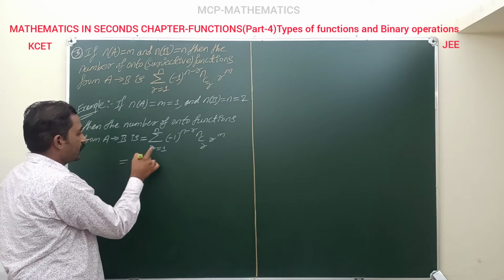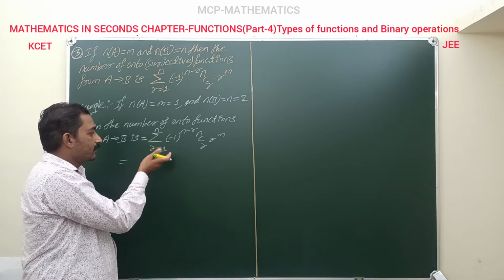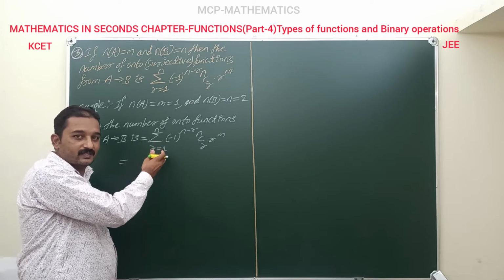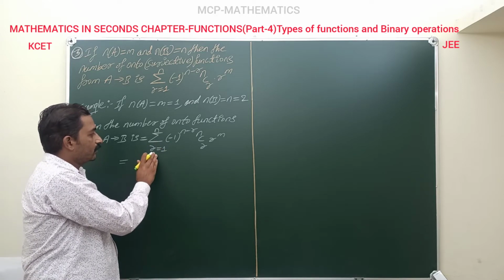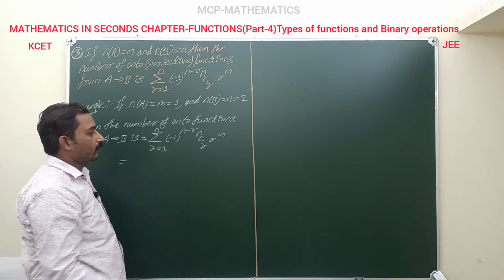So here r varies 1 to n, nothing but n is 2. Put r is equal to 1 and then put r is equal to 2. Here summation is there. First put r is equal to 1, and next plus put r is equal to 2, and m is equal to 1.